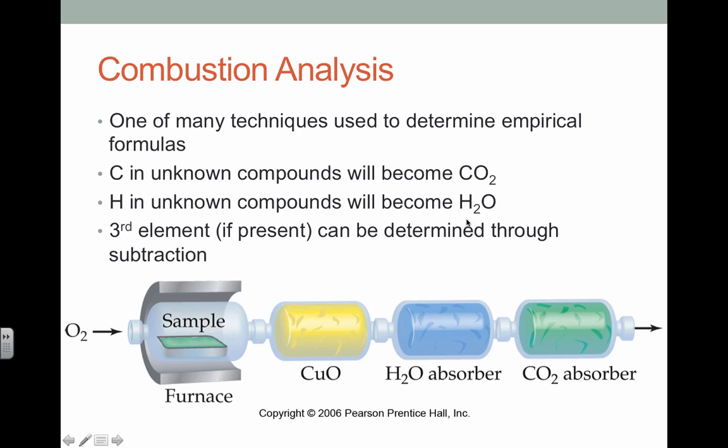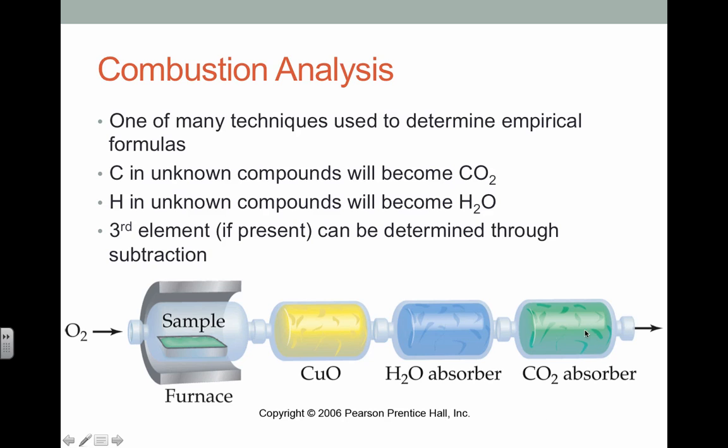Now there's some instances where it's only going to be composed of carbon and hydrogen, but oftentimes there'll be another element that's also present, and determined by subtraction will make sense, because if we know how much carbon and hydrogen we have in the original sample, we can subtract those values to figure out how much of the third element is actually present in the original amount. And this little figure kind of shows how they actually collect these things.